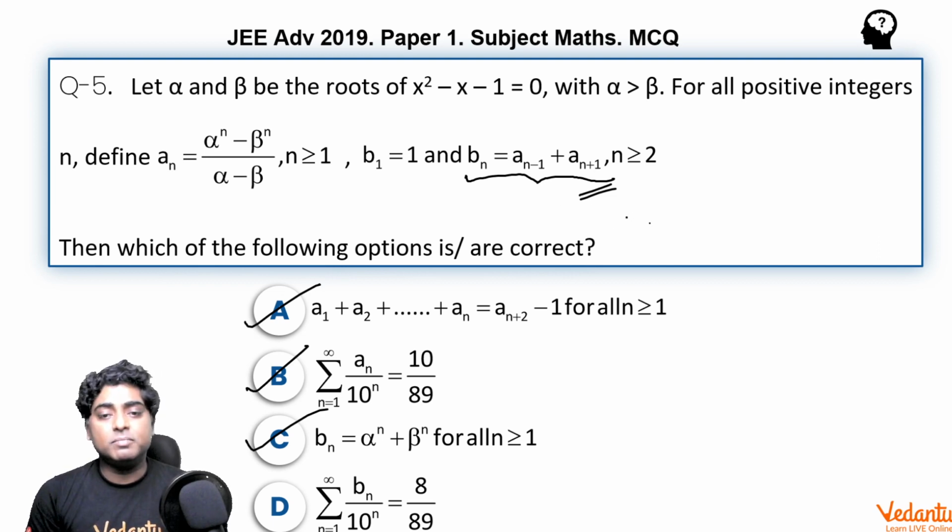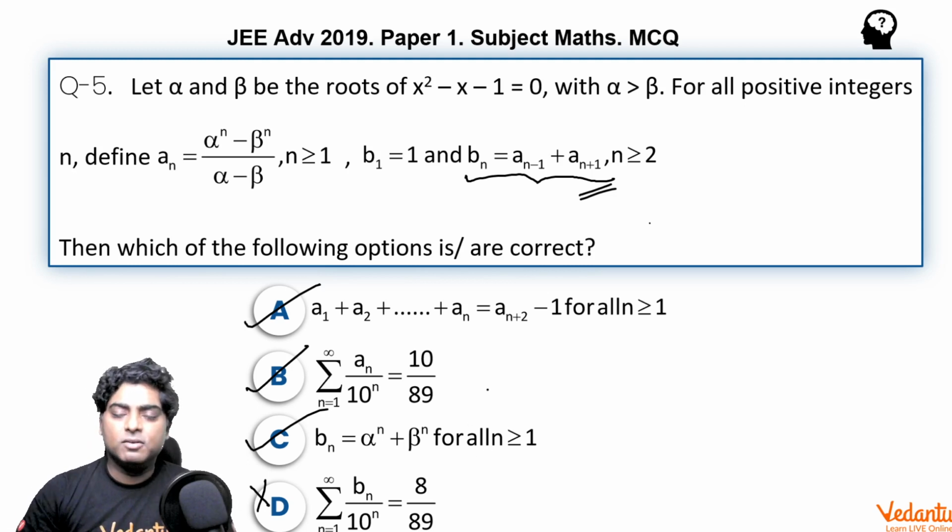After n equal to 1, Bn would be greater than an. So sigma Bn upon 10 raised power n will also be greater than sigma An upon 10 raised power n. So option D must not be correct, because sigma An upon 10 raised power n is already 10 by 89. So sigma Bn upon 10 raised power n must be more than 10 by 89, but it is given as 8 by 89, which is lesser.